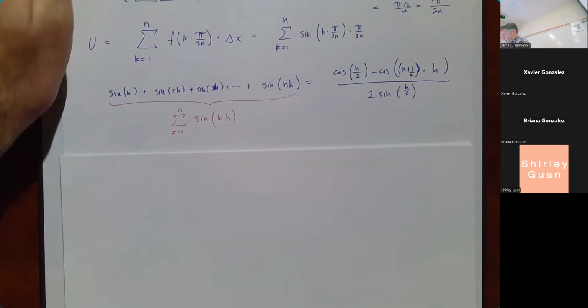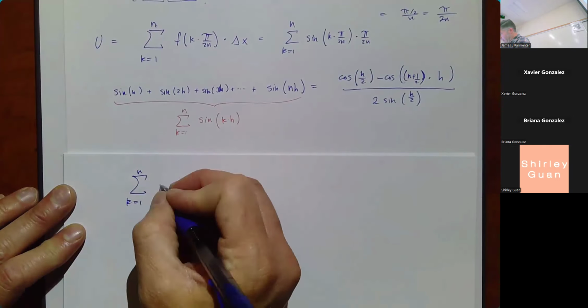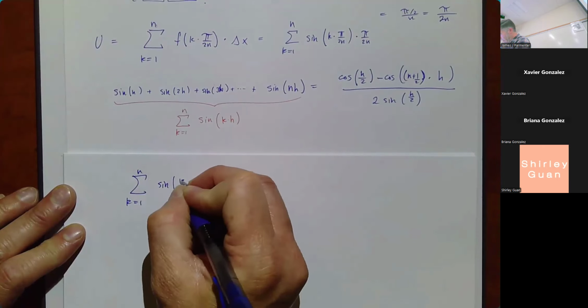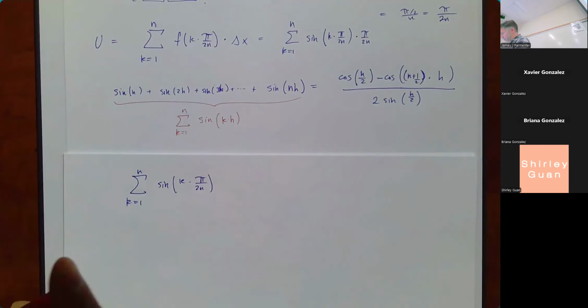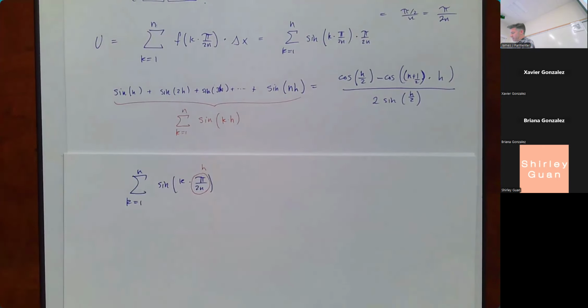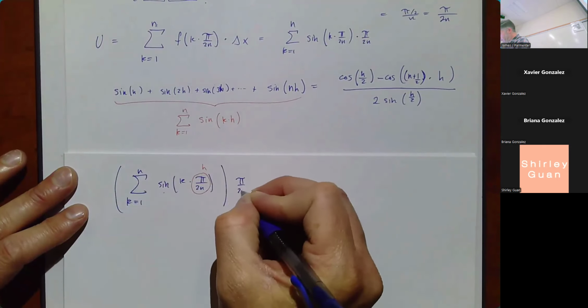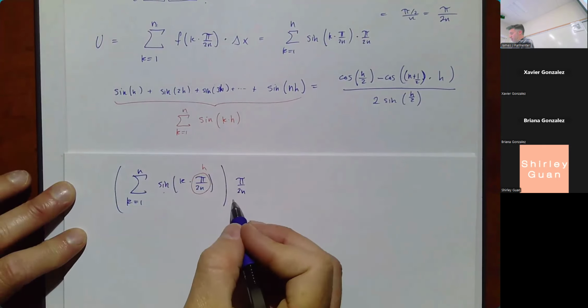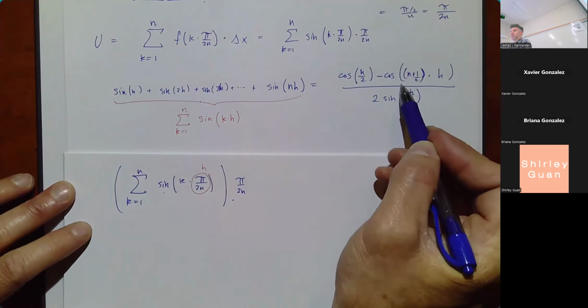We've got our sum from k equals 1 to n of sine of k times pi over 2n, which is acting like our h. And then it's all going to be times pi over 2n. I'm not really thinking about that right now. All of this I'm just going to replace with that.